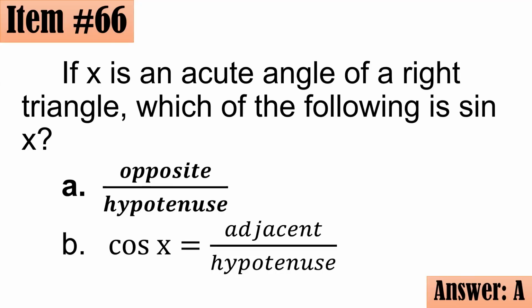Sine is equal S-O-H, opposite over hypotenuse. Samantalang yung CAH stands for cosine equals adjacent over hypotenuse. That's why yung letter B option, yan po ay cosine X. So letter A po yung tamang sagot. SOHCAHTOA.